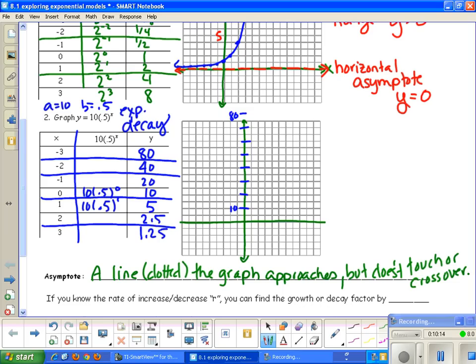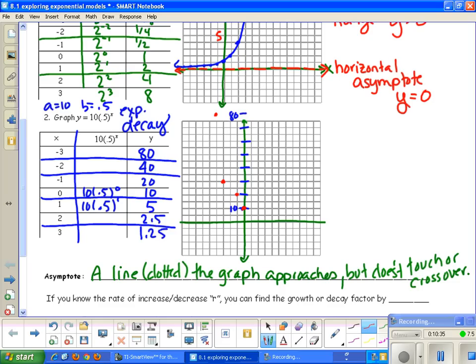So for this graph that I have, I know that I'm starting off with the value of (0, 10), which would be right here. And then I have (-1, 20), (-2, 40), and then (-3, 80).